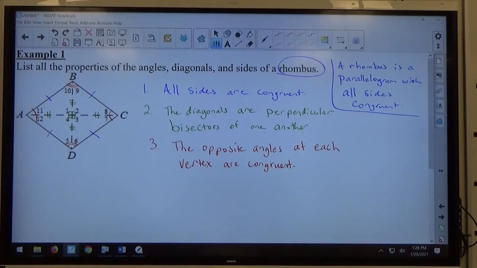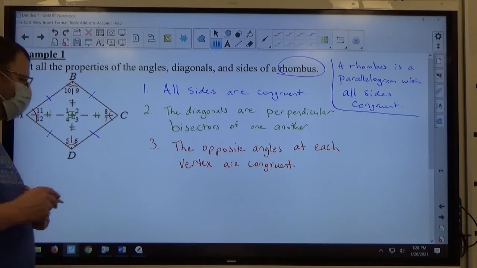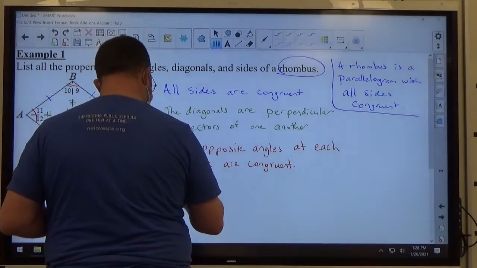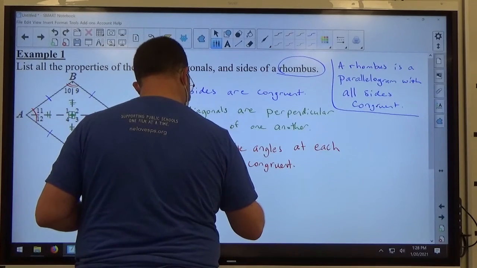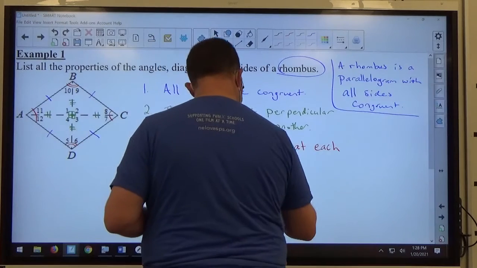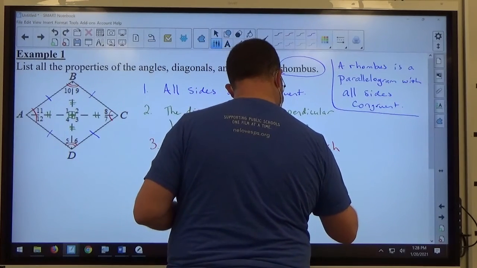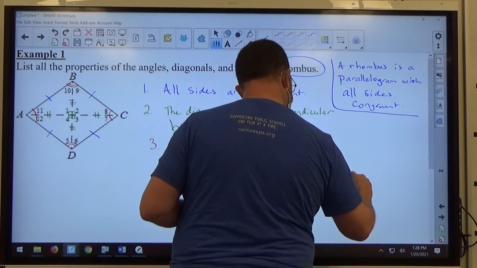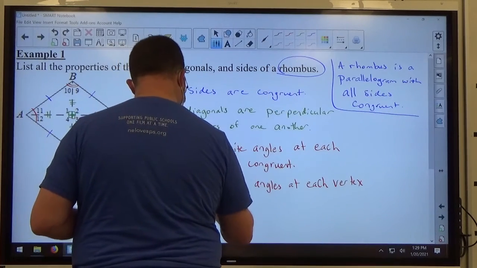Just like a parallelogram, the consecutive angles at each vertex, for example, angle A and D, angle D and C, angle C and B, or angle B and A, those are supplementary. So the consecutive angles at each vertex are supplementary.